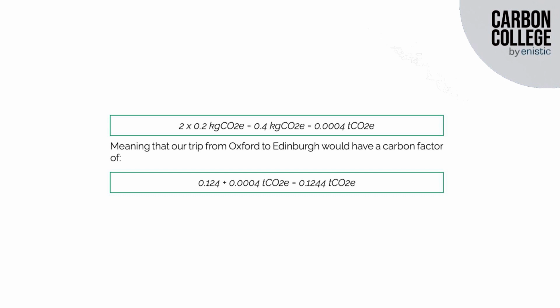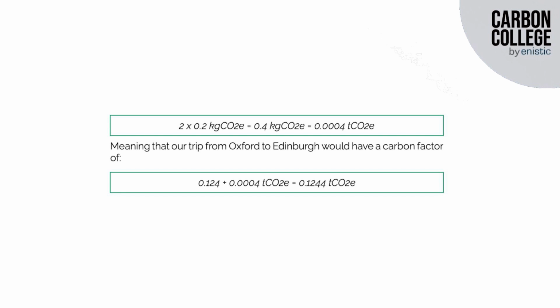Let's imagine along the way that we had a chocolate bar. We can use a different lookup table online that says each chocolate bar is 0.2 kilograms of CO2. And if we want to figure out the carbon footprint of the journey from Oxford to Edinburgh, where I stopped and had, say, 2 chocolate bars. I know, I need to lose a bit, but there you go.